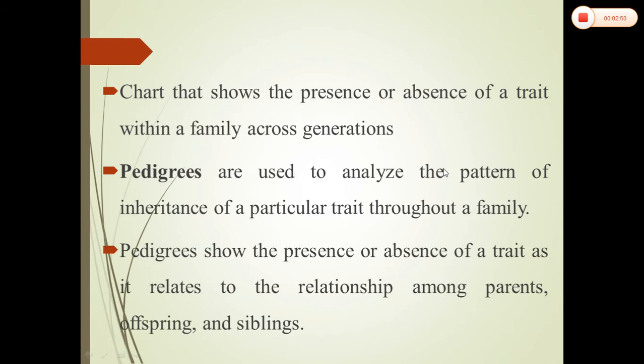Now this pedigree shows the presence or absence of a trait as it relates to relationship among parents, offsprings and siblings. As I told you, we are going to use some symbols to represent parents, and some symbols to represent the progeny. So we make a chart in which we show relationship among parents, offsprings as well as their siblings.